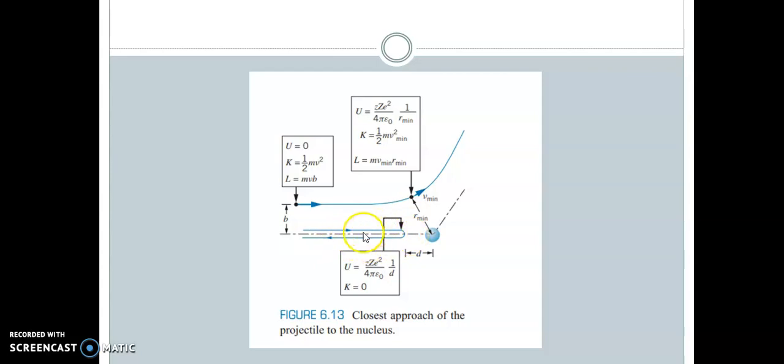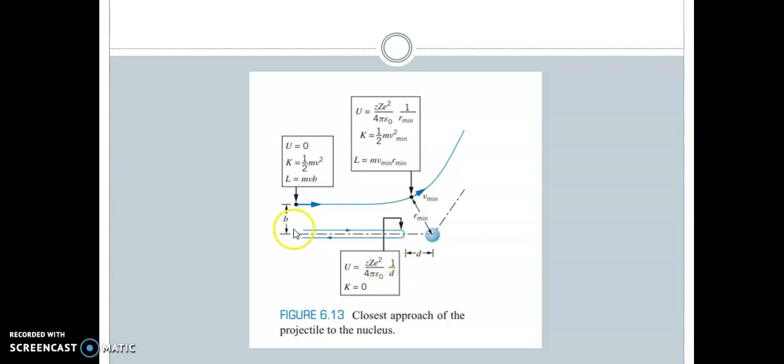So it retraces its path by turning through 180 degrees. So there is a back scattering. It is completely scattered back. So at this distance of closest approach, the entire initial kinetic energy of the projectile is converted into the electrical potential energy. So half mv square is equal to the potential energy here, and from that we can find out the distance of closest approach.